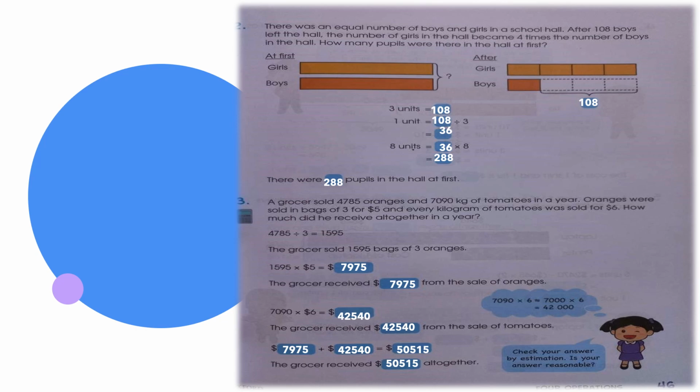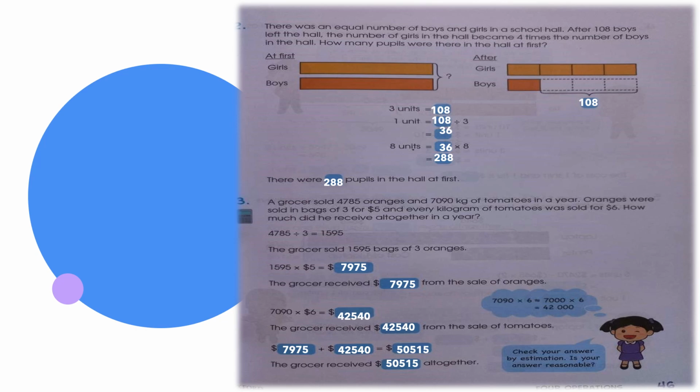So first we find the value for 1 unit, which we get by dividing 108 by 3, and the answer is 36. So for 8 units we multiply 36 by 8, and the answer is 228. So there were 228 people in the hall at first.